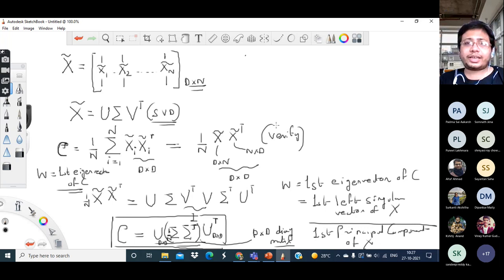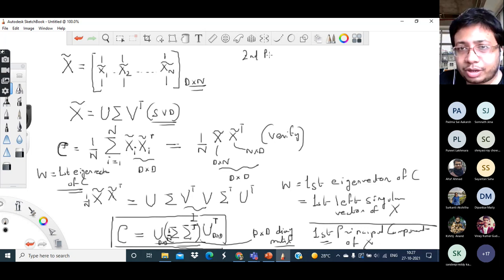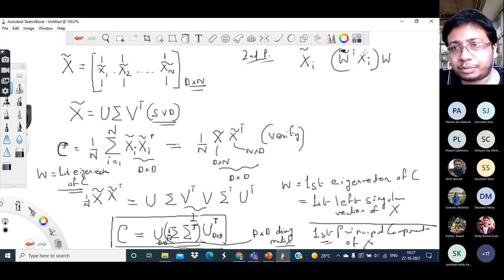Okay. Now, since I am talking about the first principal component, it also suggests that there has to be a second principal component. Now what is that? What we have done basically is that the data was xi or xi tilde, and I replaced it by the projection, that is, the projected data. What's the projection? The projection is W transpose xi times W. Okay, this is the projected data.